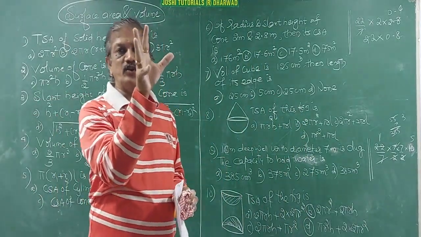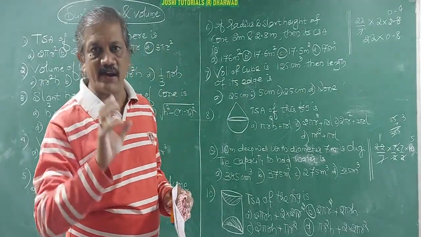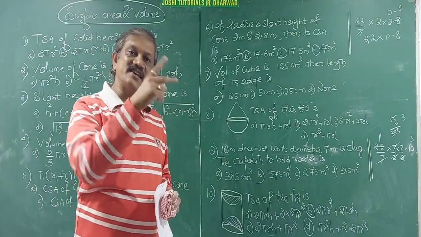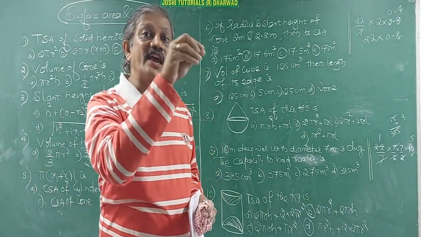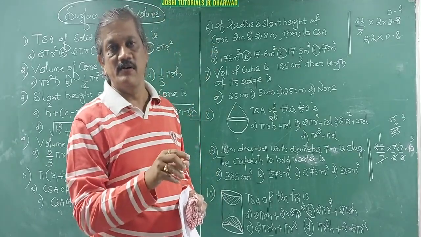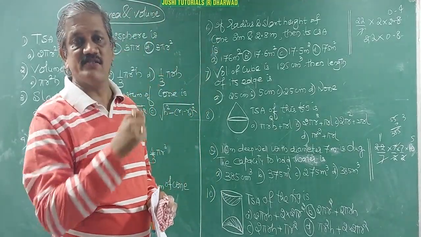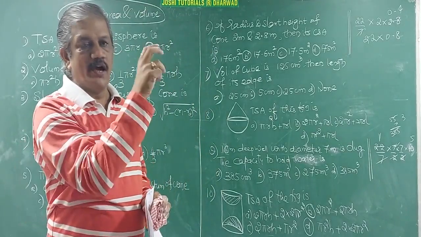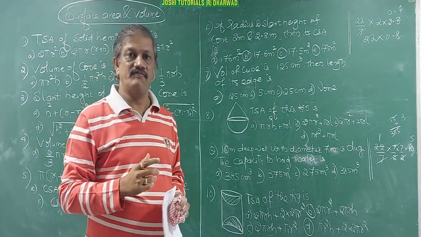For example, cube: CSA 4a square, TSA 6a square, volume a cube. Cuboid: volume l into b into h, CSA or LSA, lateral, 2h into (l plus b).